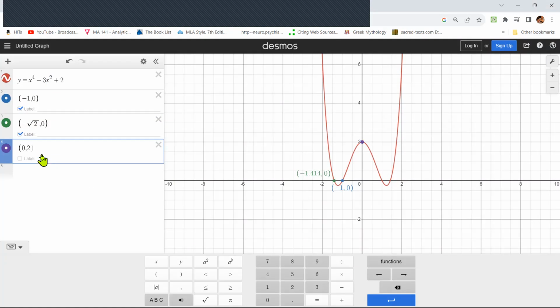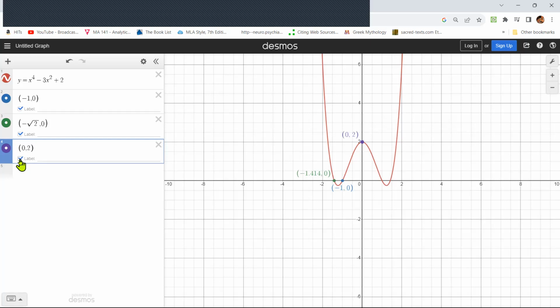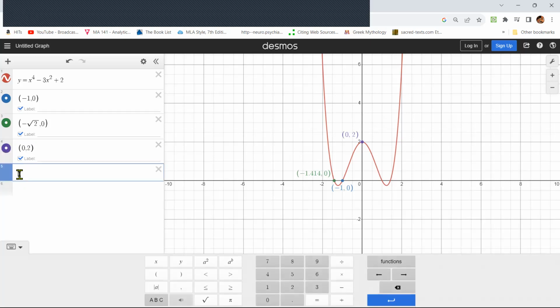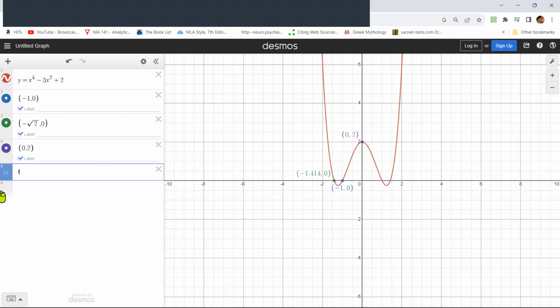Yeah, exactly. So f of 0 is 2, right? Mm-hmm. So now let me ask you this question. What is the limit as x approaches 0 of this function? 2.